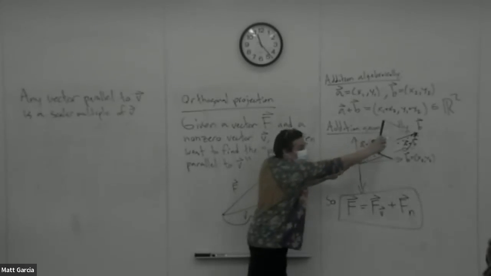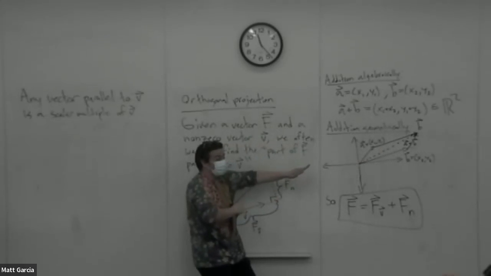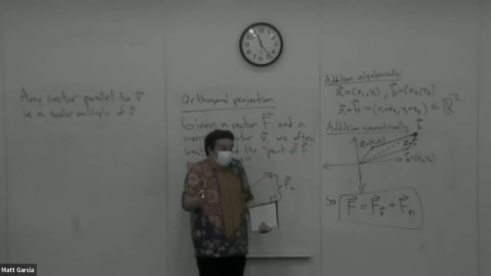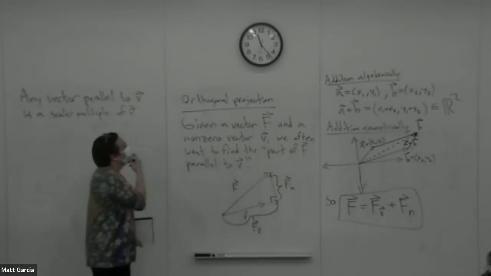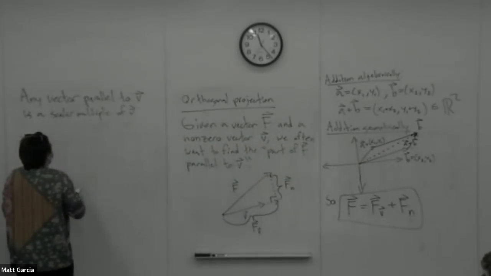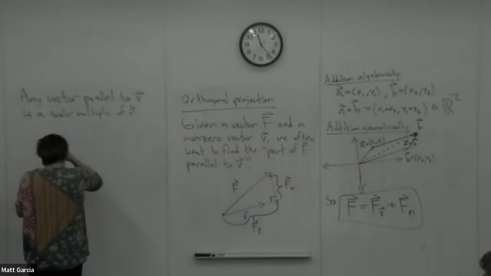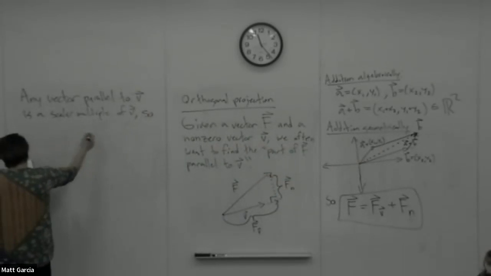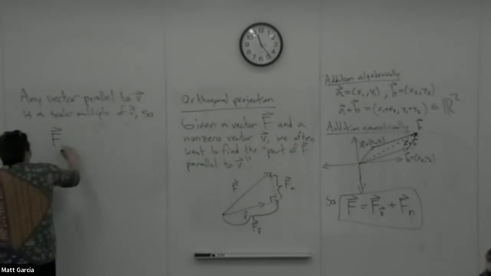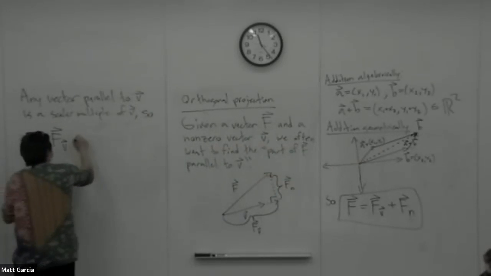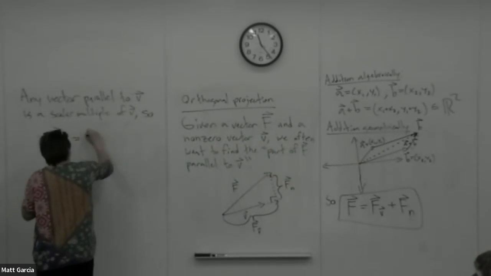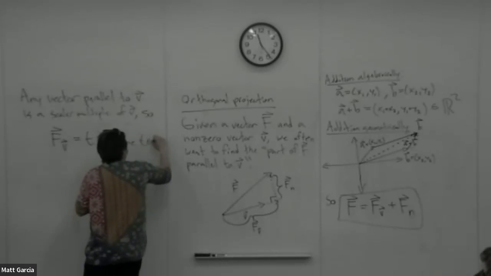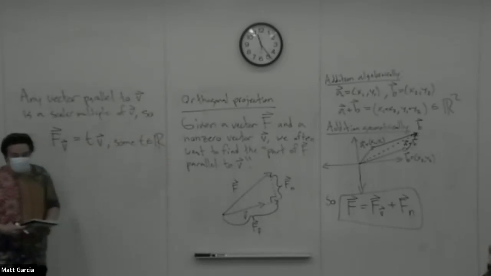The parallel vector could be bigger or smaller or point in the opposite direction, but it has to be on the same line as B is. So it has to be a scalar multiple. Okay. So any vector parallel to B must be a scalar multiple. So this parallel part of F hat has to be equal to T times B hat for some real number T.